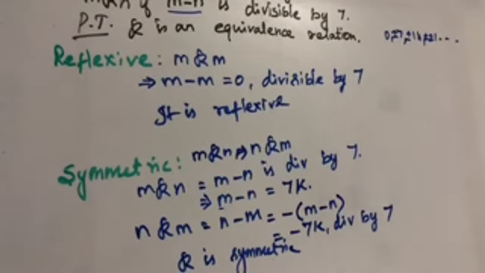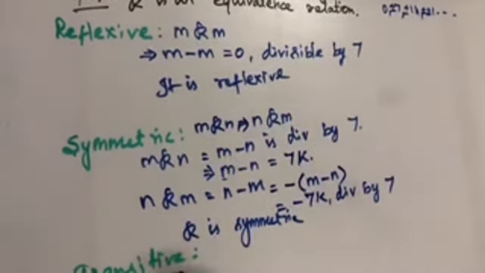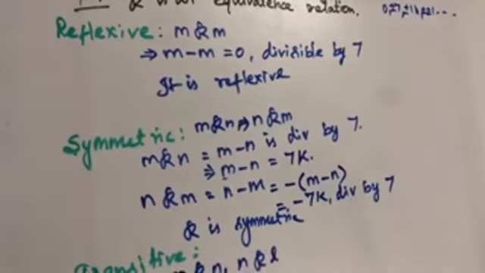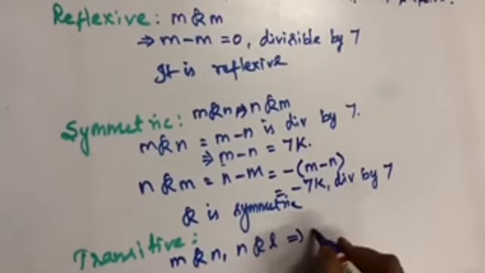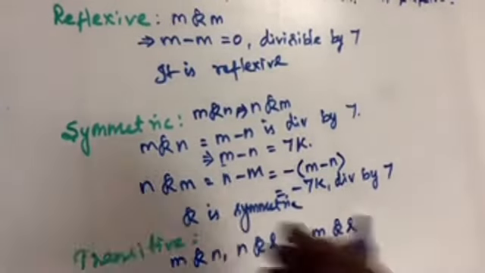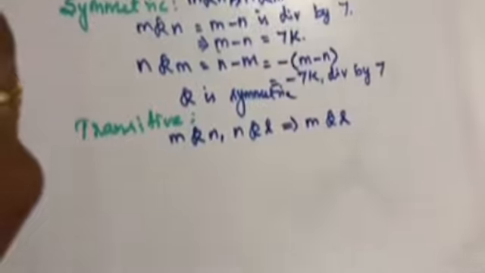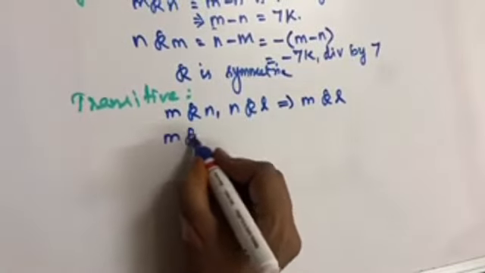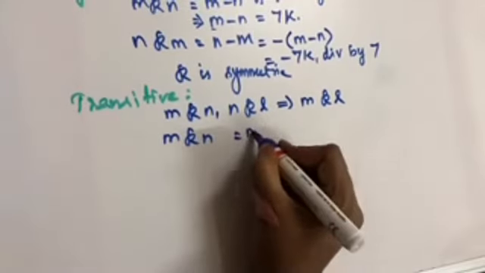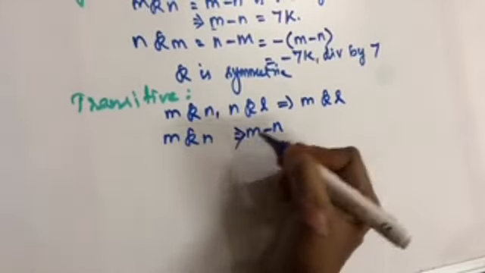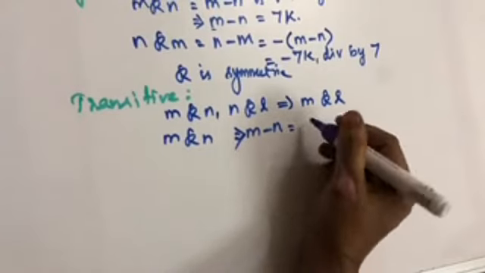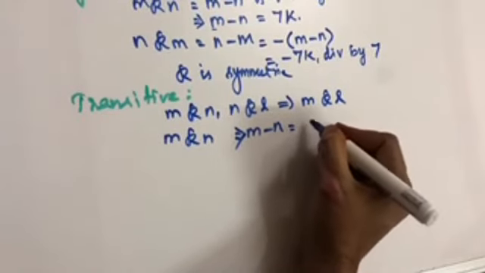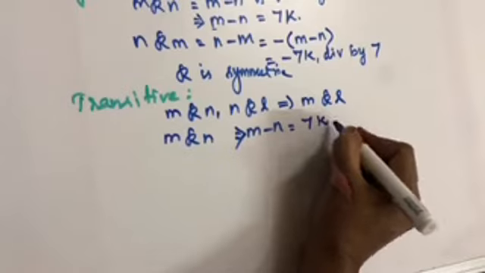And now the third condition. If m is related to n and n is related to some L, it should imply m is related to L. Okay. So m is related to n means m minus n is divisible by 7, that is some multiple of 7, 7k1.